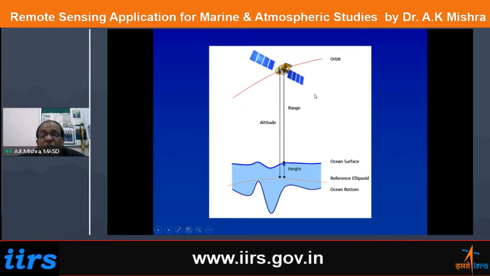So from these two parameters, the sea surface height is known. If you know two different heights, you can find out the slope of the sea surface. Water will flow from higher to lower height. So this will give you information about the geostrophic current.